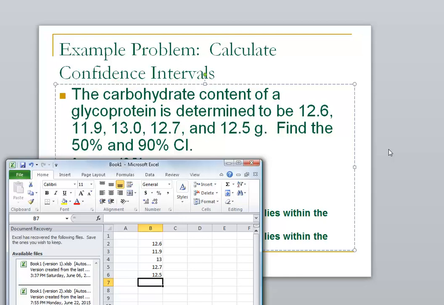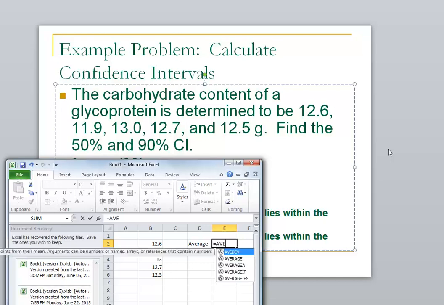So I'm going to come over here to the side. I'm just going to type the word average in so I know what this number is supposed to represent. I want Excel to do the average for me, so I need it to do a calculation. When I need it to do a calculation, I start off with equal, and then I need to tell Excel what to do. So I need to do an average, so I spell it out, and I open the parentheses up.